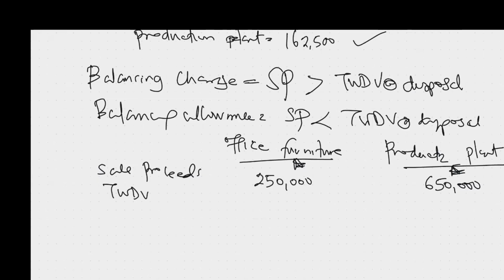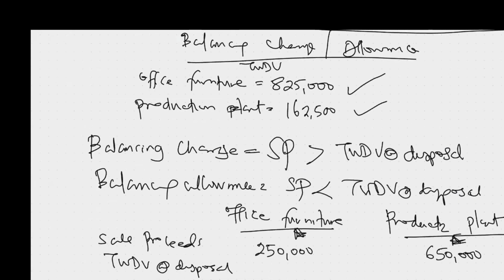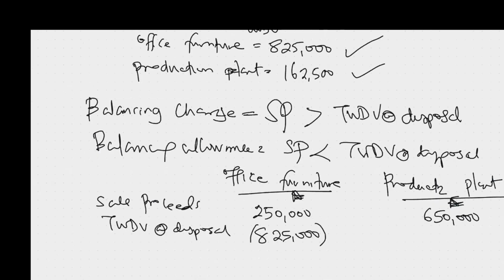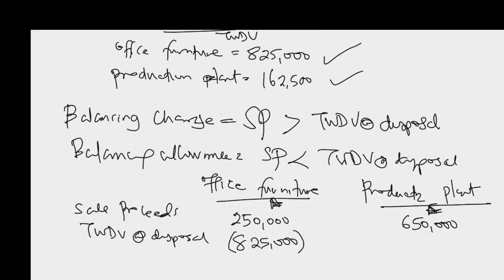The first one for office furniture, we have 825,000. For the other one, we have 162,500.